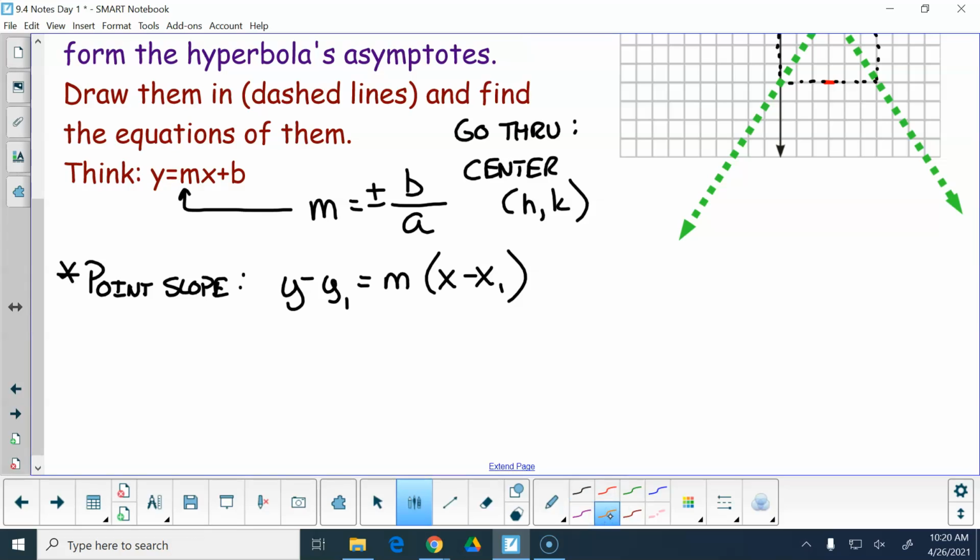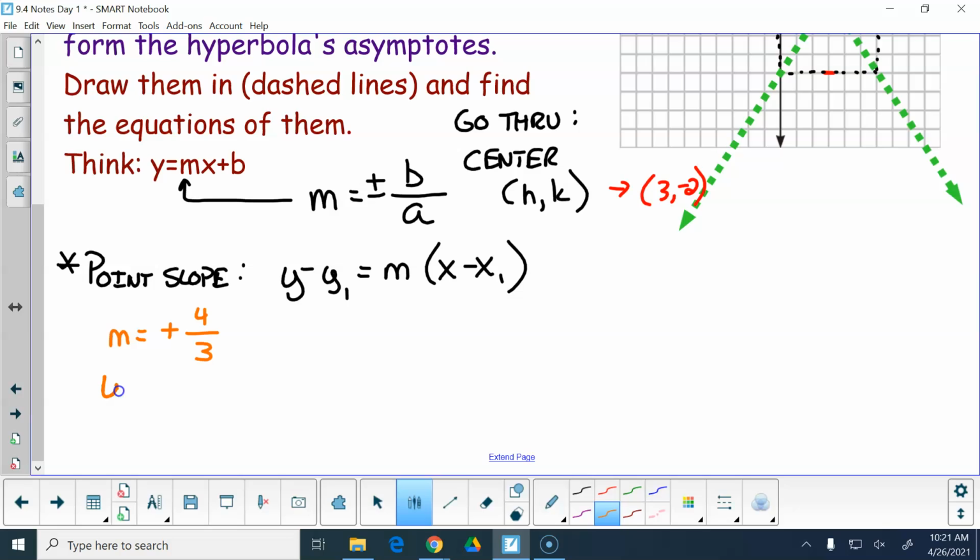So the first one is going to be, my center again was 3 comma negative 2. If I use a slope here of positive, my b was 4, my a was 3, I would get y plus 2 equals positive 4/3 times x minus 3.